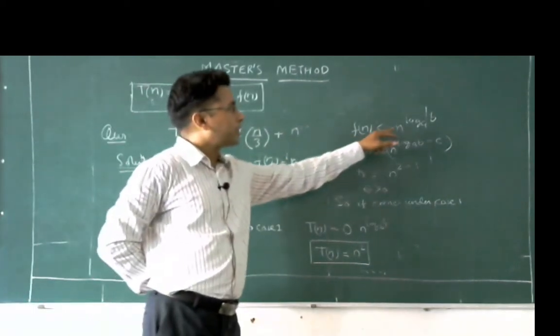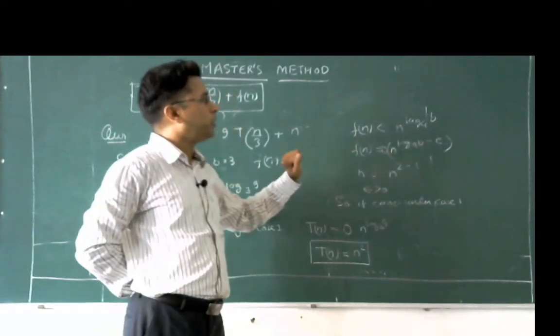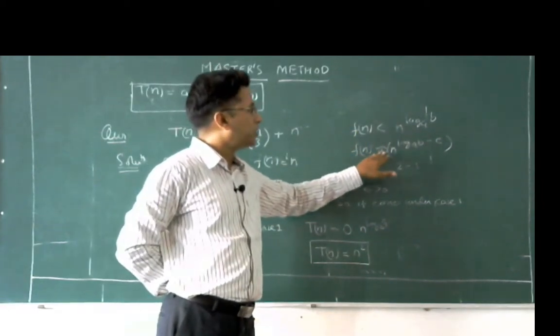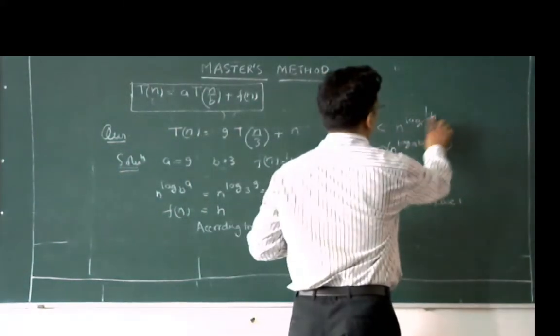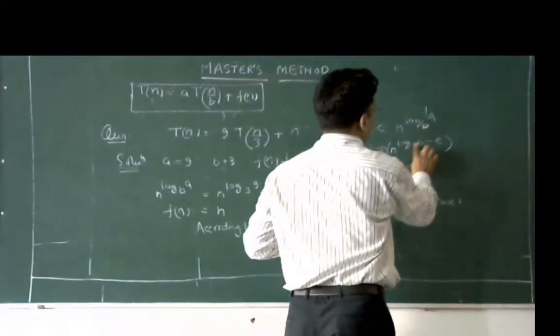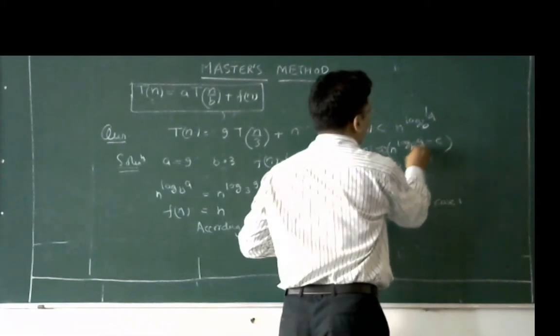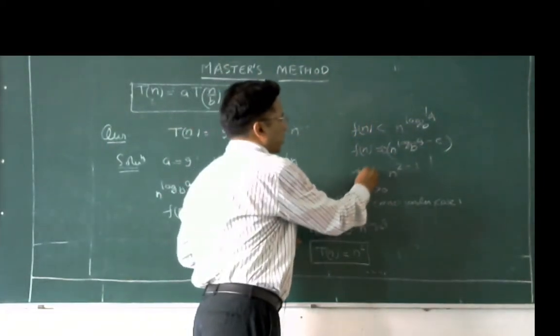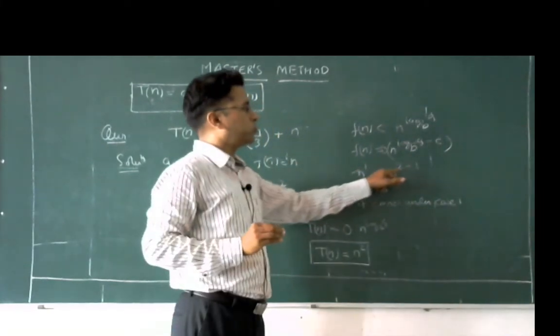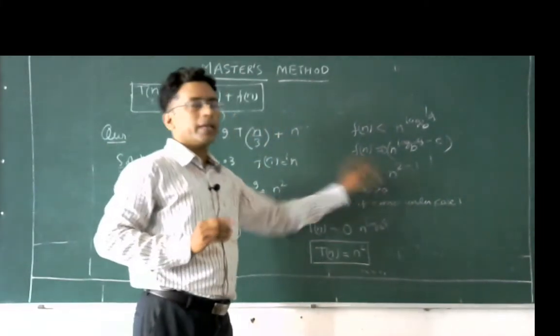So f(n) is less than n raised to the power log a base b. Or we can say that f(n) equals n raised to the power log a base b minus epsilon. Sorry, I have written it wrong. Because n equals n raised to the power 1, which is n raised to the power 2 minus 1. Definitely epsilon is greater than 0.